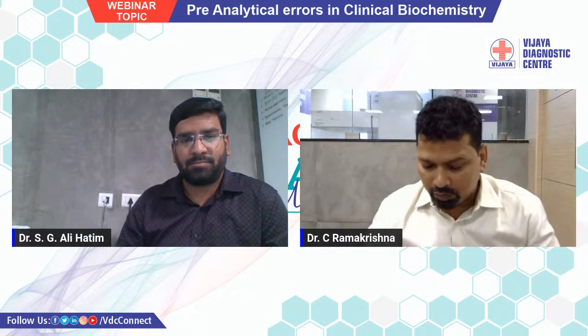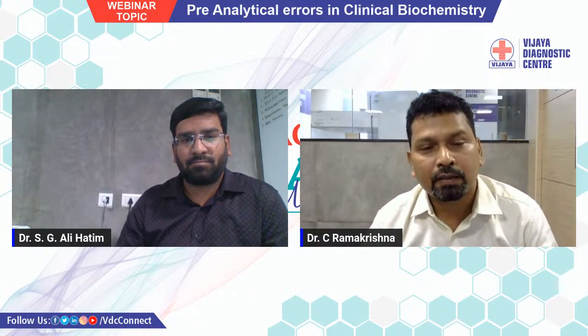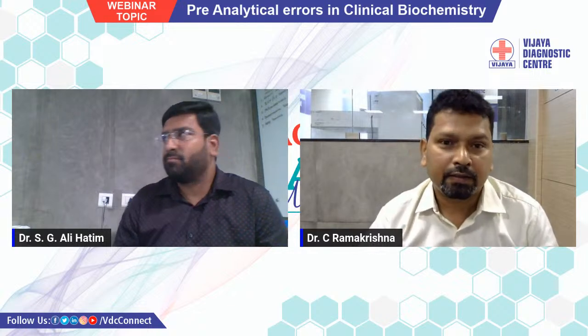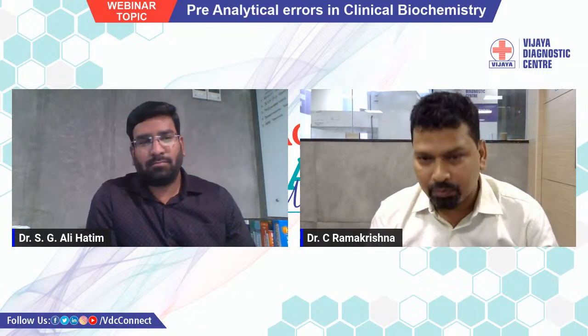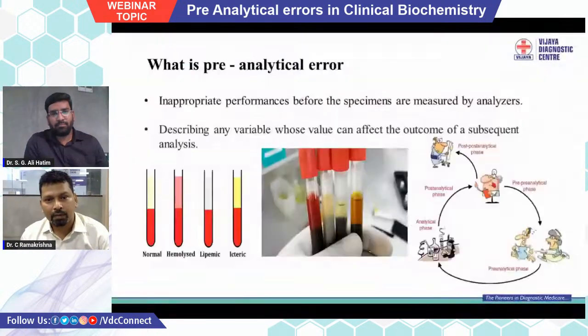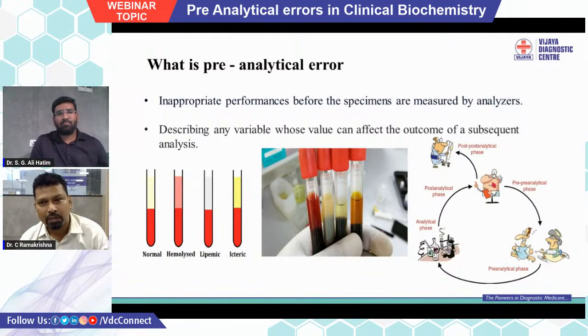The topic for today's webinar session is pre-analytical errors in clinical biochemistry. So what is the definition of pre-analytical error? It is the inappropriate performance before the specimens are measured by analyzers.